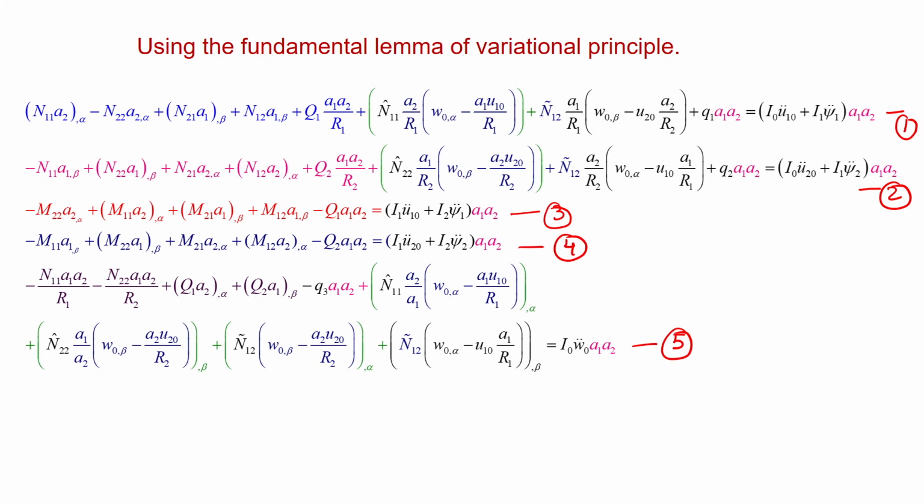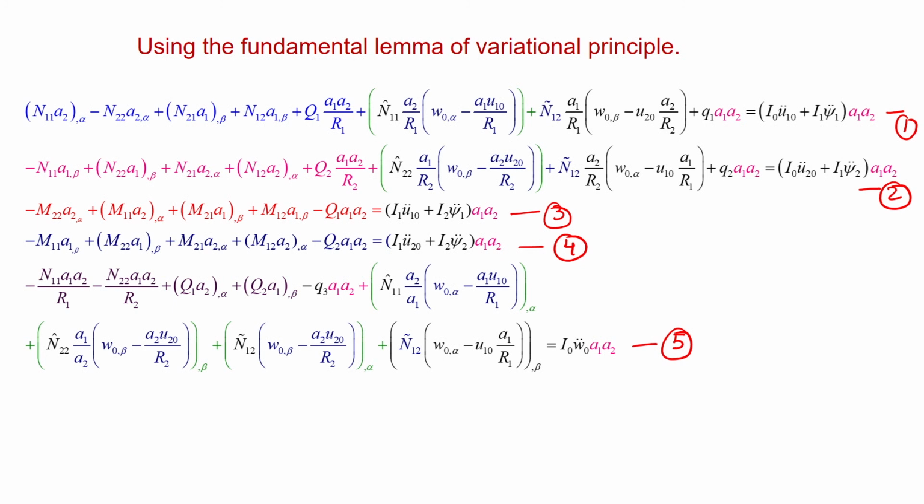The terms Q1, Q2 appear in equation 5, and Q1 in equations 3, 4, 2 and 1. So, they are coupled through this shear, and if we consider the non-linear terms, then through the non-linear terms also the first, second and fifth equations are coupled together.